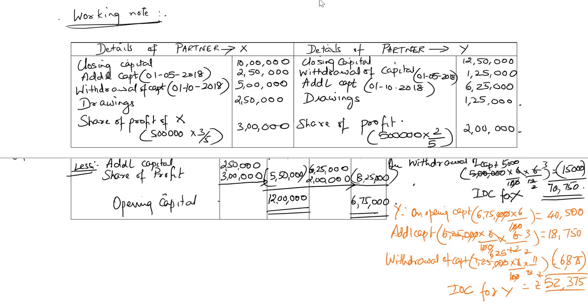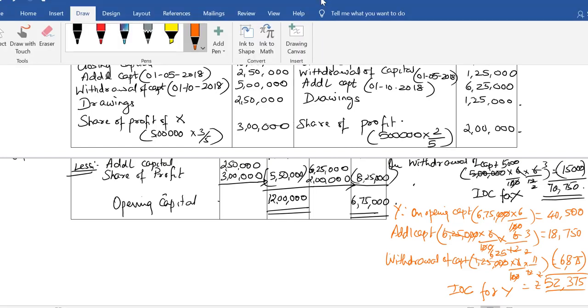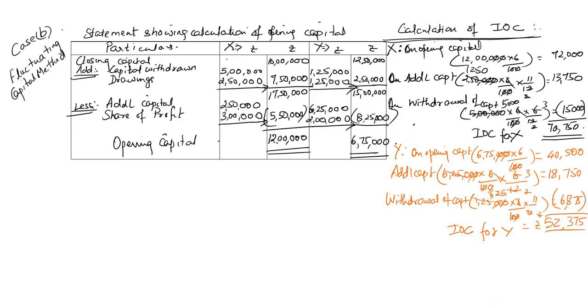I'll remove the split and we can see the answers for the fluctuating capital method. So this is the answer for fluctuating capital method, the calculation of interest on capital.